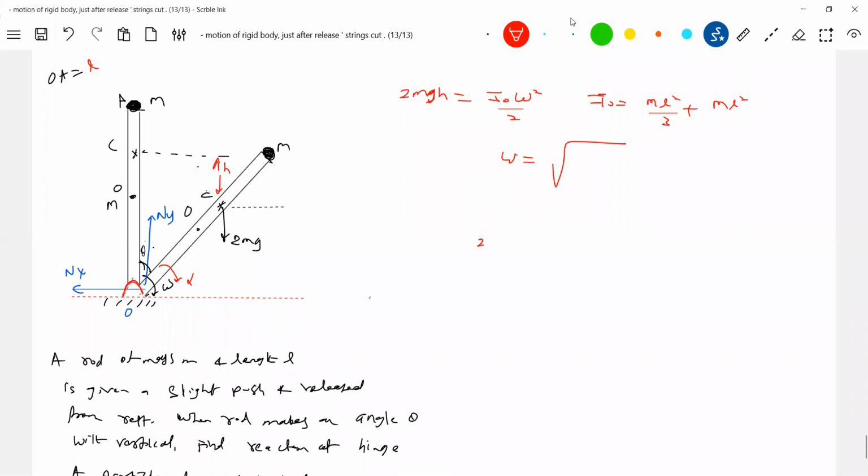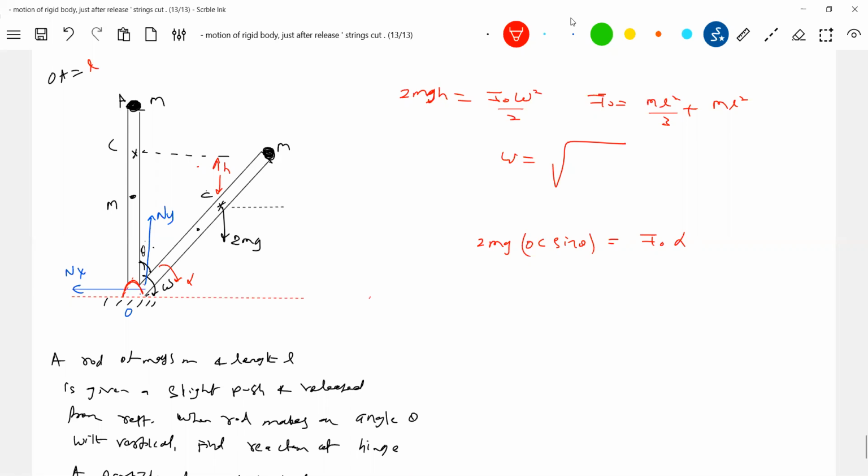Next, 2mg. Where will the center of mass of the system be? O is this one, no? The center of mass of the system will be at a distance OC. So 2mg into OC cos, the distance, sine theta should be equal to I_O alpha. How do we calculate OC?